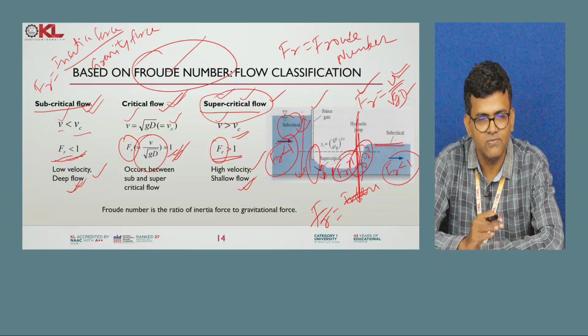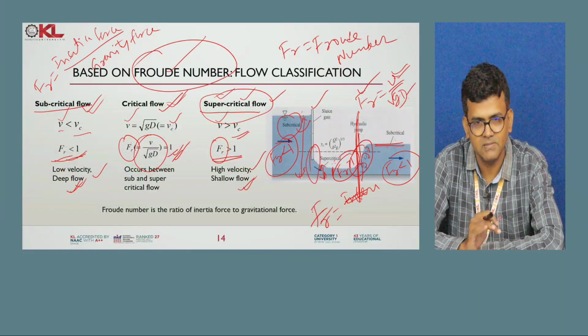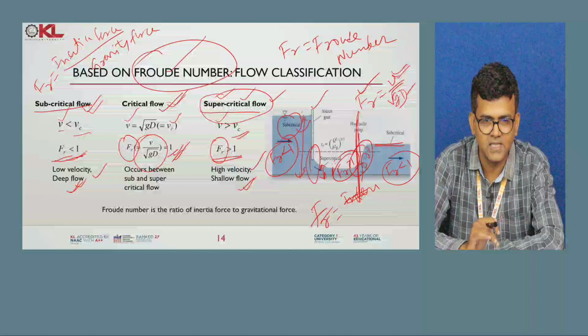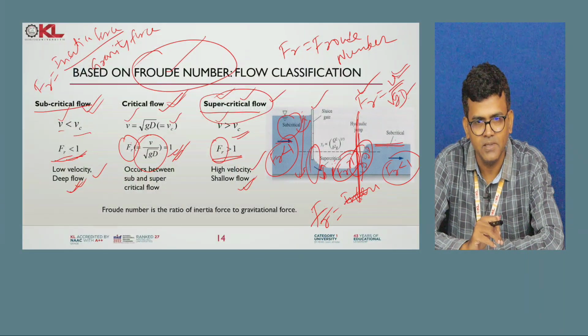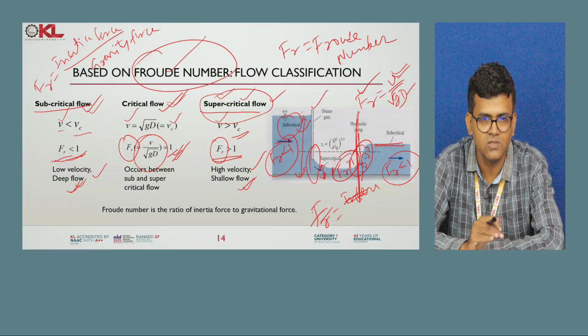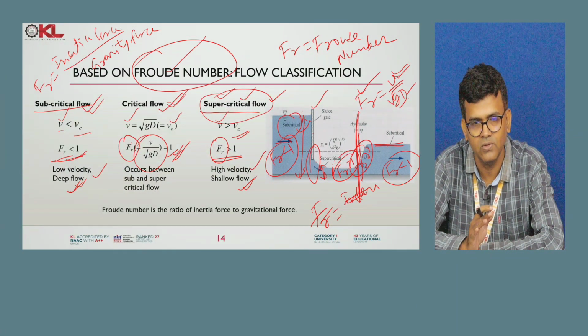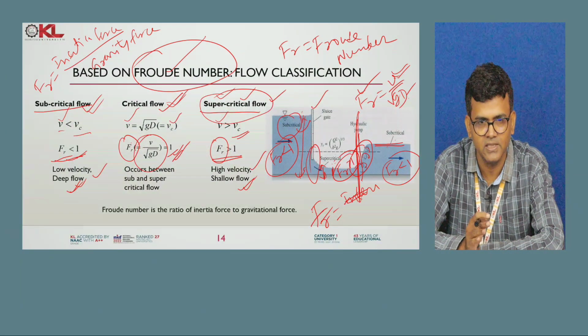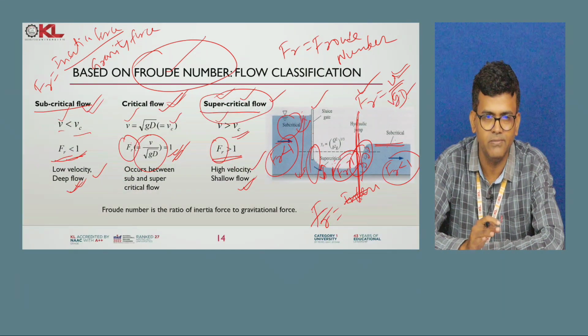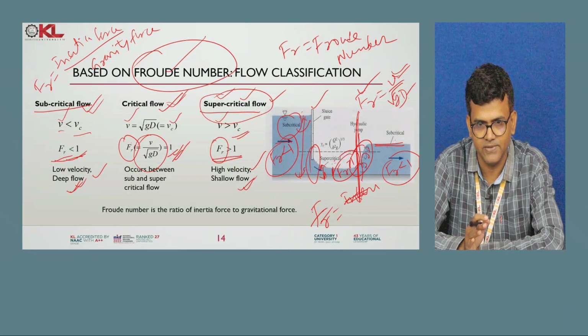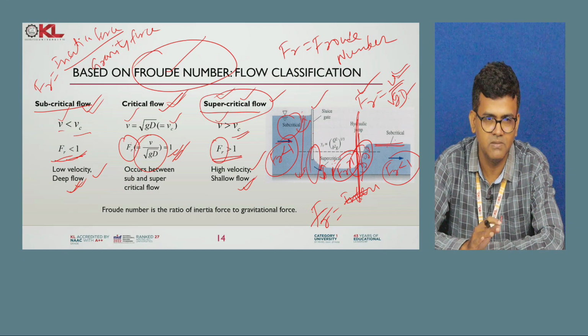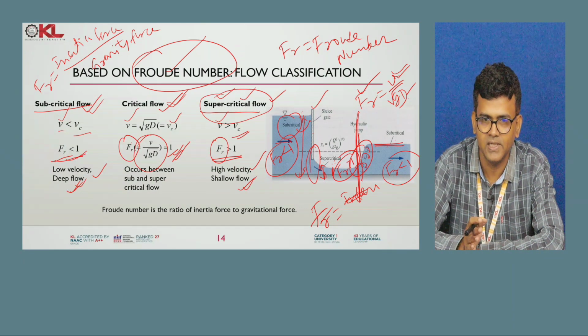So we have discussed about the fluid flow. First we defined the open channel flow, then we discussed the flow types. Based on time, it is steady and unsteady flow; based on space, it is uniform and non-uniform flow. Again non-uniform flow is categorized into 3 categories: gradually varied flow, rapidly varied flow and spatially varied flow. Based on the Reynolds number, flow may be laminar or turbulent.